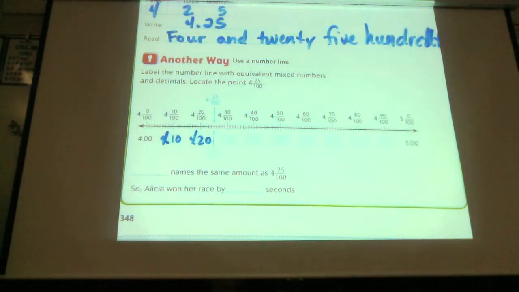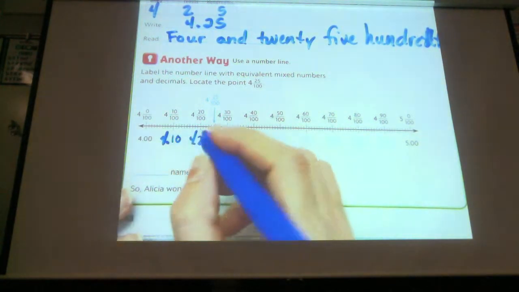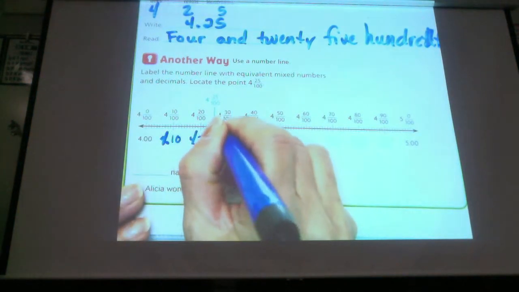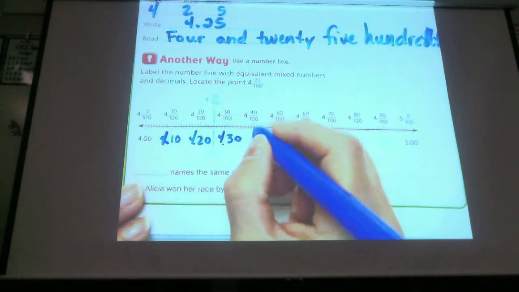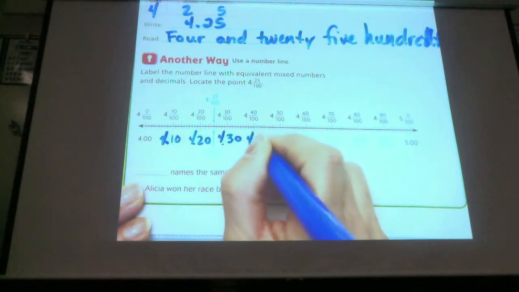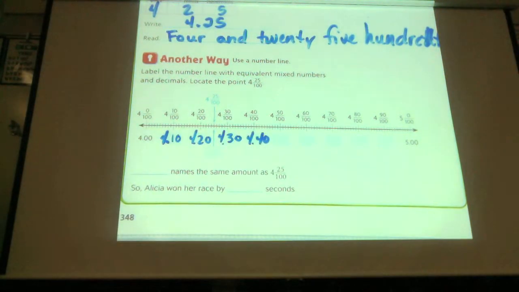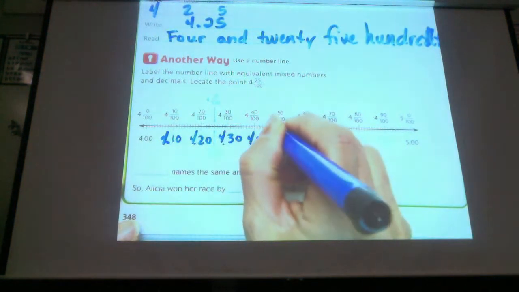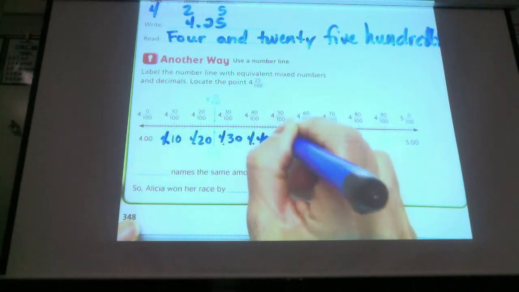4.20. What is 4 and 30/100 going to look like, Antonio? 4.30. Angelica, what's my next one? 4.40. I meant Angelica, but I said Angeli again. Daniel, what's the next one going to look like? 4.85.